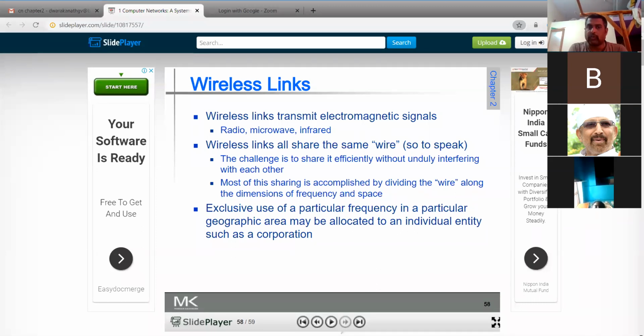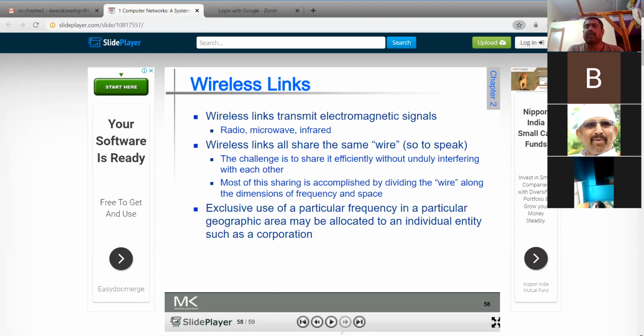So exclusive use of a particular frequency in a particular geographic area may be allocated to an individual entity such as a corporation. Now, how will these things work? Like Airtel, or any corporation or company, you can take. A particular frequency range will be allocated to them.